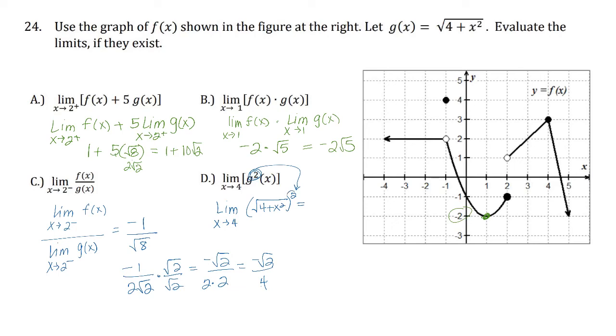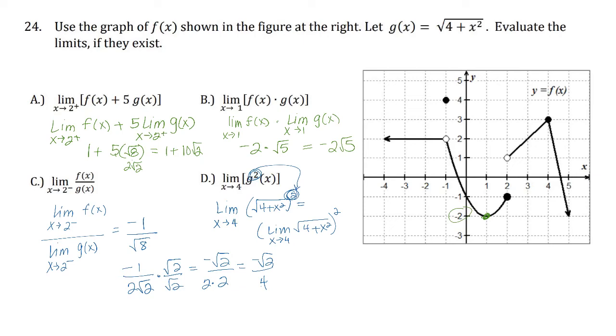Actually, before we sub in, we can move out that square and look at this as the limit as x approaches 4. I think this will be easier. The square root of 4 plus x squared, all squared. We're more than welcome to move that square out and find our limit, then square our answer. I think that'll work out better for us.